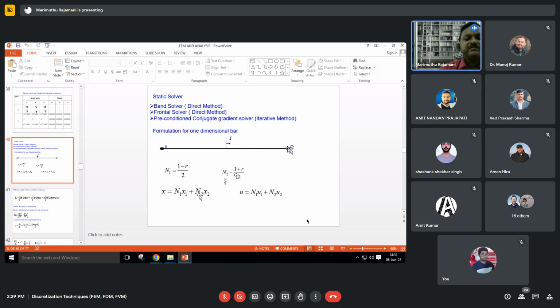How has it been arrived at? The properties of shape functions are such that it is 1 at its own node and 0 elsewhere. For example, if you take N1 equal to (1 minus r) by 2, this r varies from minus 1 to 1. If you substitute r equal to minus 1 here, you will get N1 as 1.